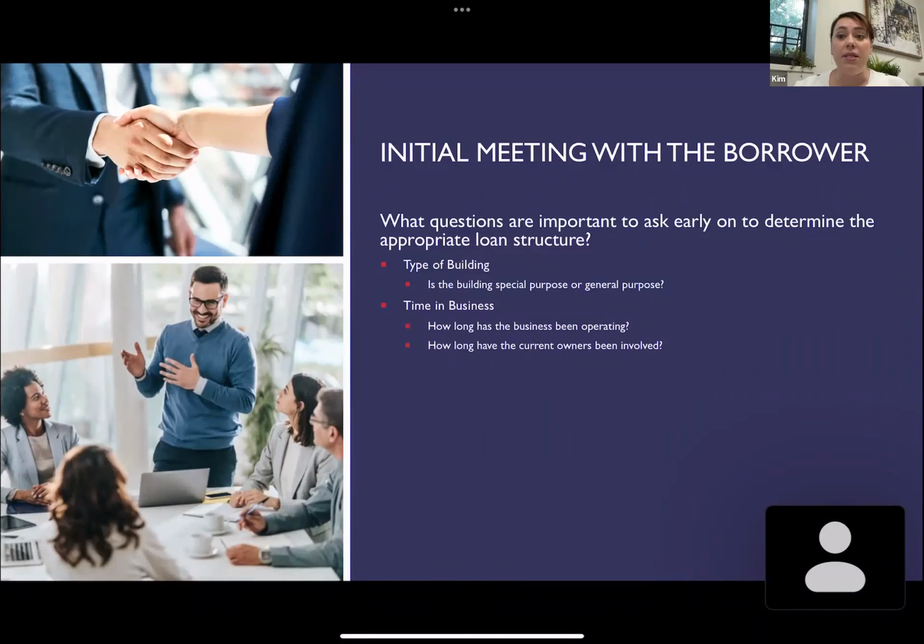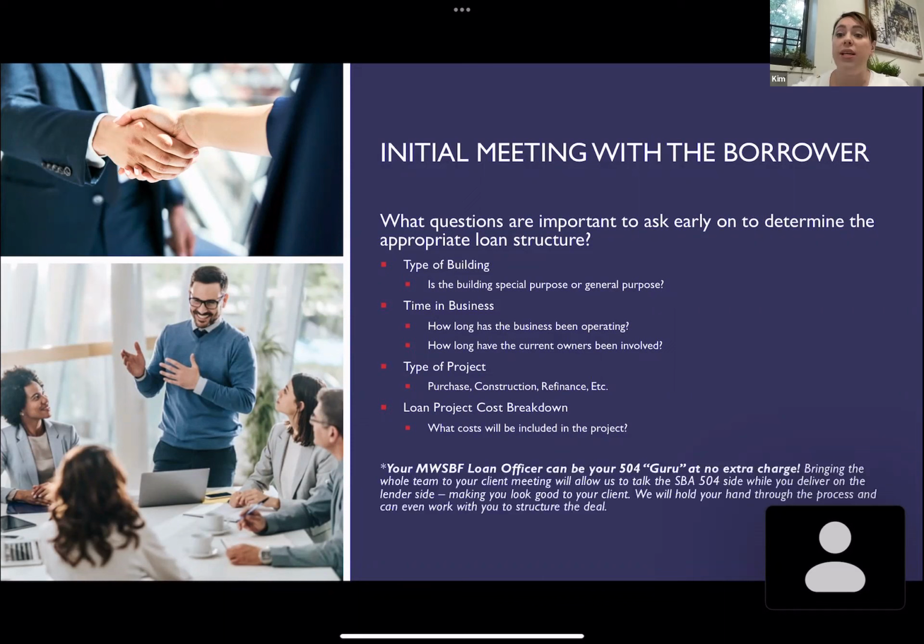How long they've been in business can change if they're a startup or ownership change. And we'll go more in depth into all of these in the future slides. The type of project, is it a purchase, new construction, refinance? Any of those things will determine how the whole project is structured. And what costs can you include in the project cost breakdown?